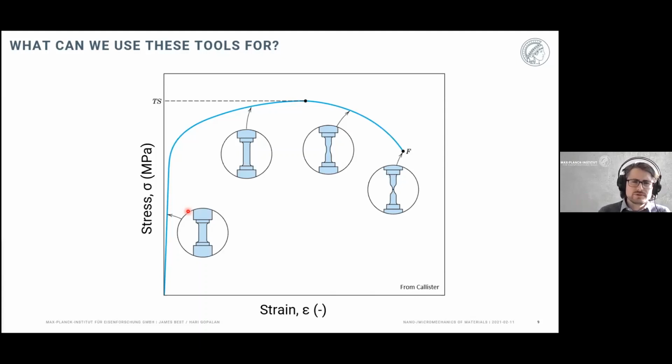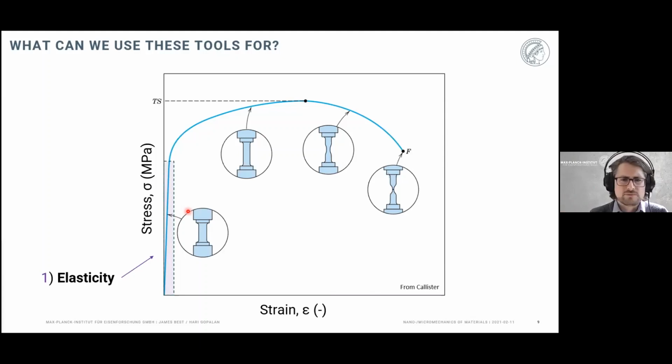And so what we can do is take a simplified stress strain diagram and break this up into 3 separate features or characteristics that will explain in a little bit more detail how these relate to small scale mechanics. So the first one, of course, is that when we take a piece of material and we start to apply some strain or deformation to this material, we have this linear response in terms of the stress.